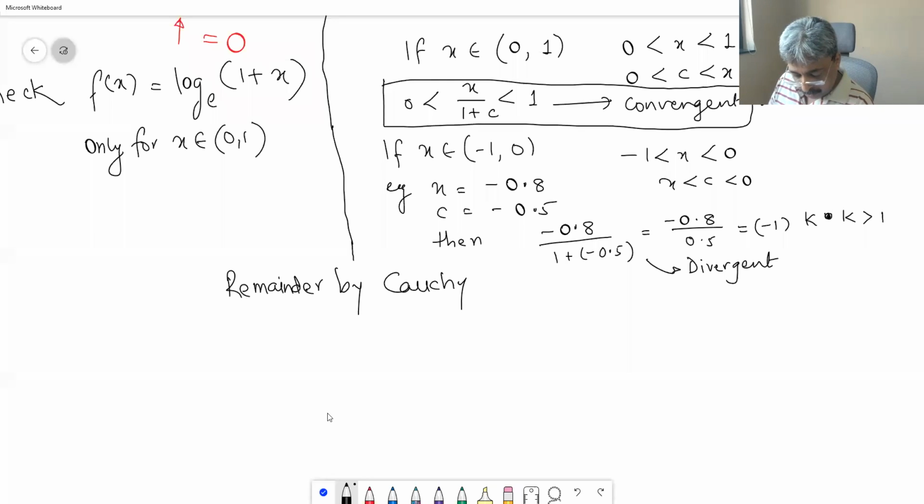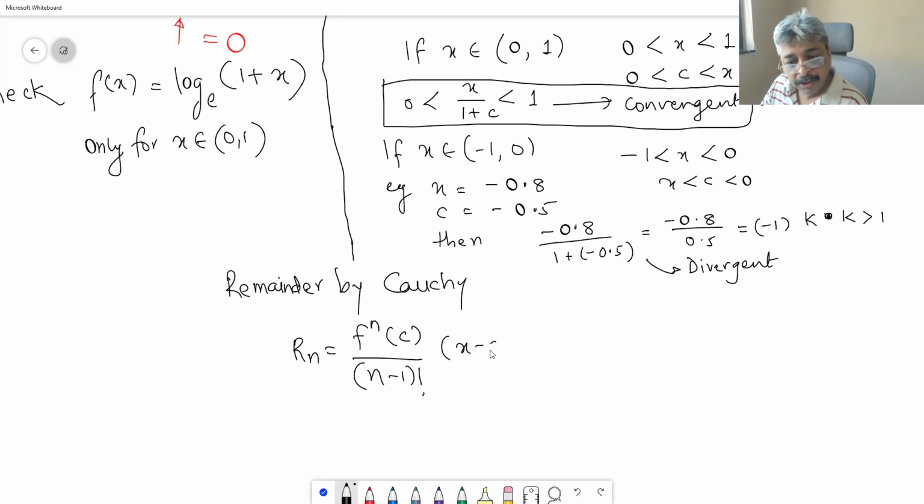Rn is equal to the nth derivative evaluated at c divided by n minus 1 factorial into x minus c raised to n minus 1 into x minus a. Okay, now this is direct.